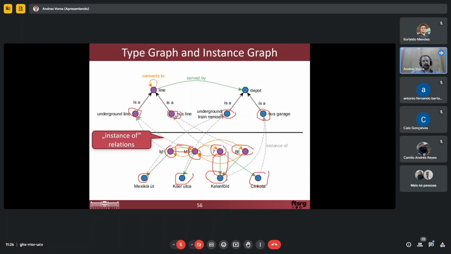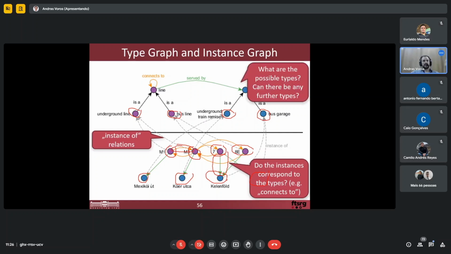So we provided type information into our instance model. And that way we provided more information. And so we wanted to answer the question of whether the instances correspond to types. And an interesting question is that, okay, I defined the type graph.